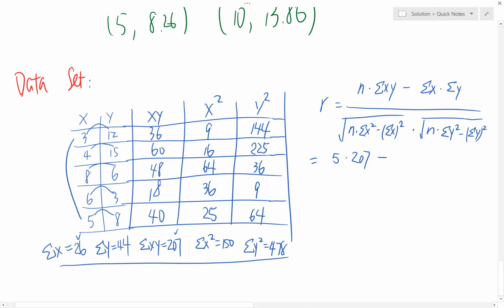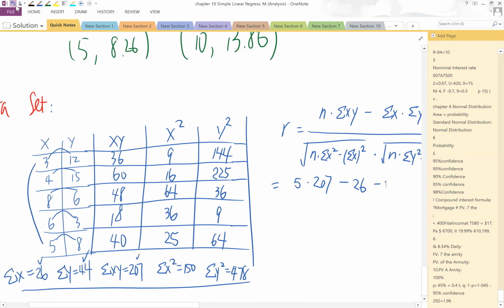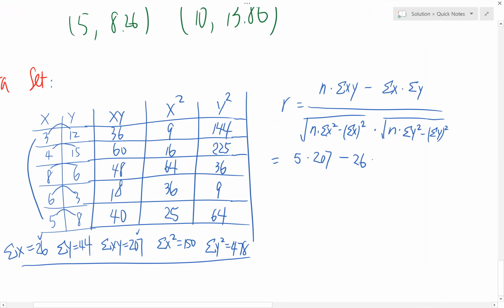Summation x is 26, multiplied by summation y, 44. We take that numerator and divide by the denominator: sample size 5 times summation x squared, 150, minus summation x, 26, squared, with parentheses.